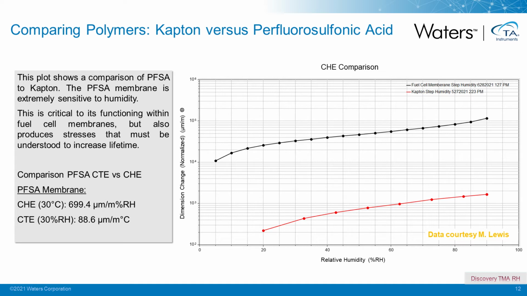But at 30% RH, you're looking at about 700 micrometers per meter per percent RH. So it's approaching an order of magnitude. Its CHE is about an order of magnitude greater than its CTE. So again, CTE is an important property. We know it's an important property to measure. Obviously, CHE is an important thing to know about this material as well.